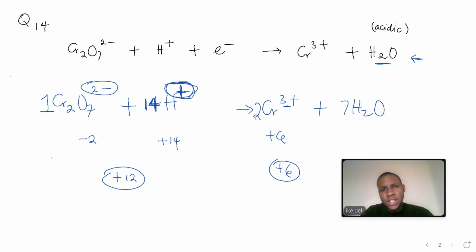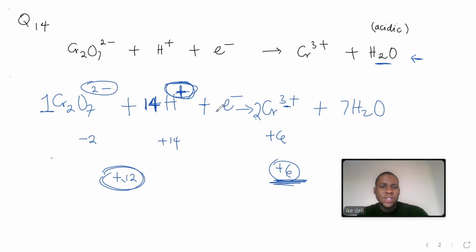I'll need to balance the charges with electrons, okay? And electrons are negatively charged. So I have to add my electrons to where I have the higher overall charge, meaning I'm going to add them to the plus 12 side, such that the plus 12 will become balanced with the right hand side as plus 6.